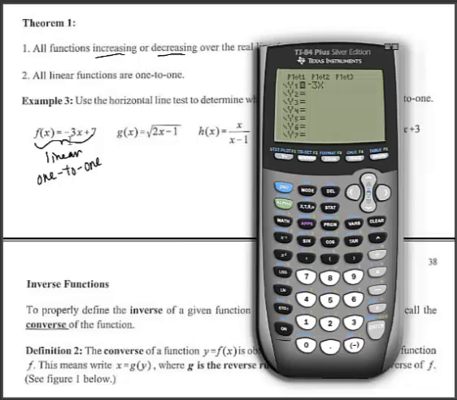The decreasing interval is from negative infinity to positive infinity. Graph. So we verified that it does have a negative slope, and this line just continues to travel up and to the left and down and to the right. It will never cut back onto itself with respect to the y-axis.